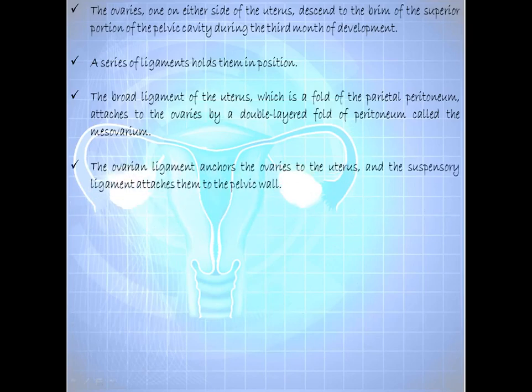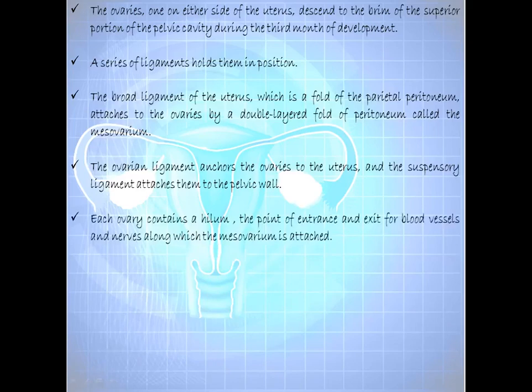The ovarian ligament anchors the ovaries to the uterus, and the suspensory ligament attaches them to the pelvic wall. Each ovary contains a hilum, the point of entrance and exit for blood vessels and nerves, along which the mesovarium is attached.